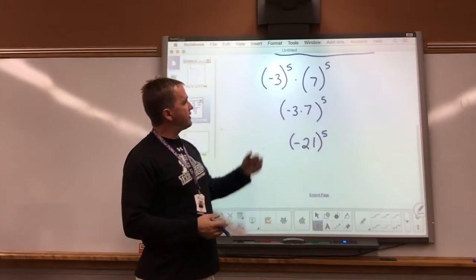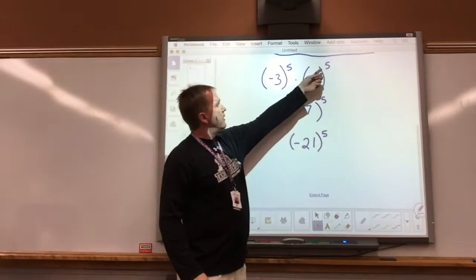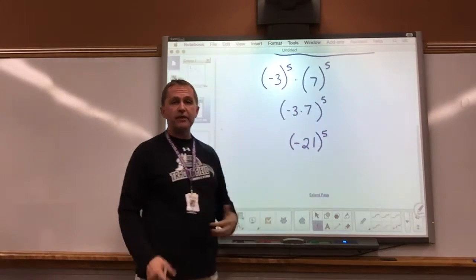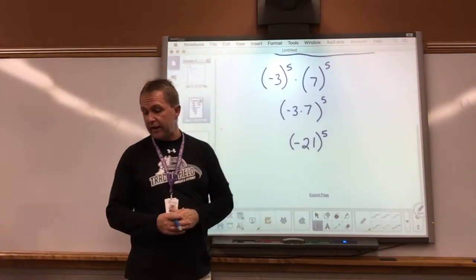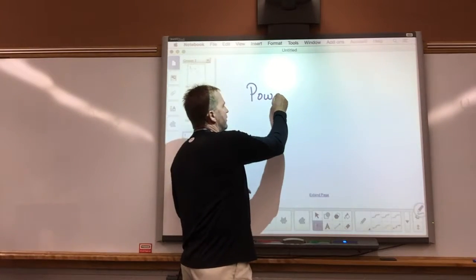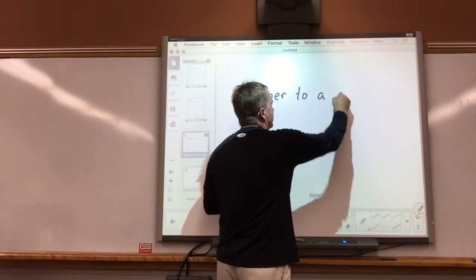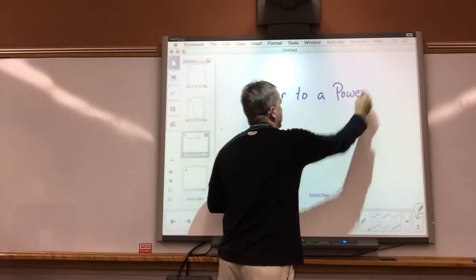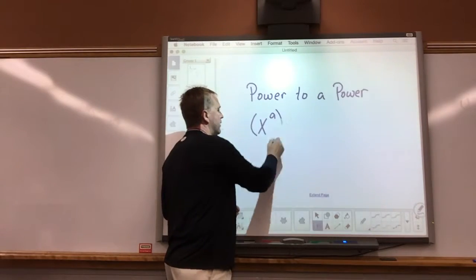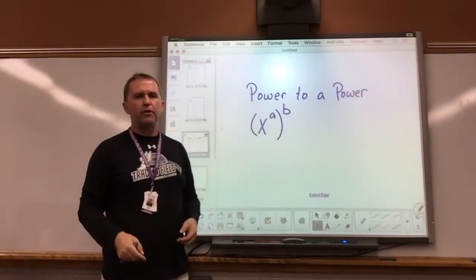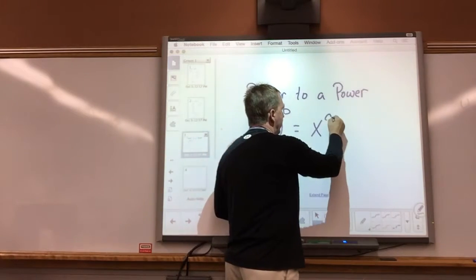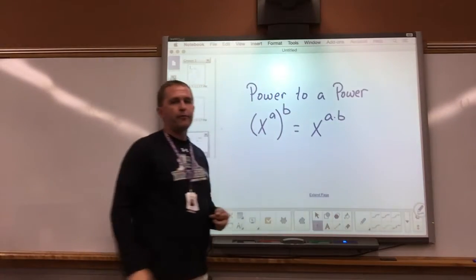So the bottom line in these examples is, if I have like exponents, I'm going to pull that like exponent out and multiply the bases in order to get my simplified answer. The last part of this is what I call the power to a power rule, which says if I have x to the a raised to the b, one power raised to another power, I'm going to take x to the a times b.